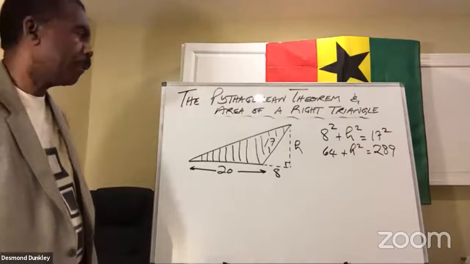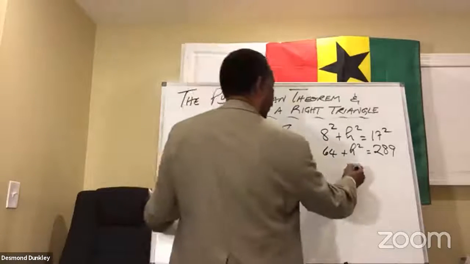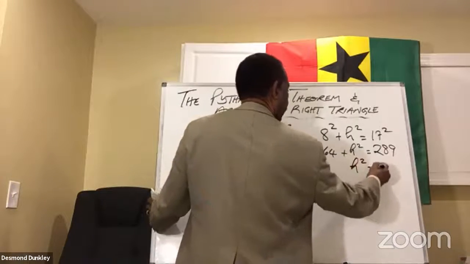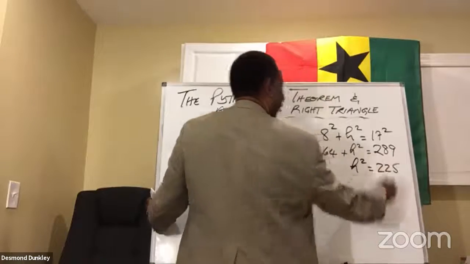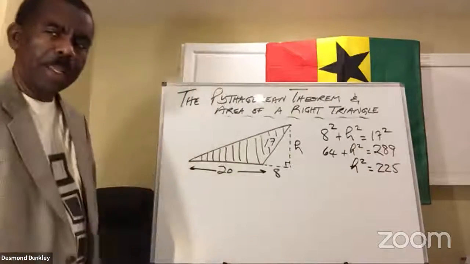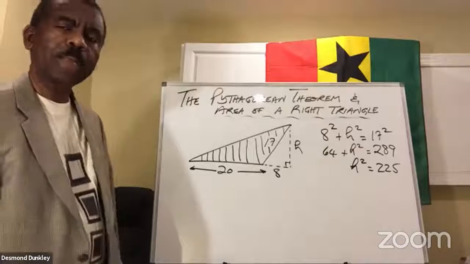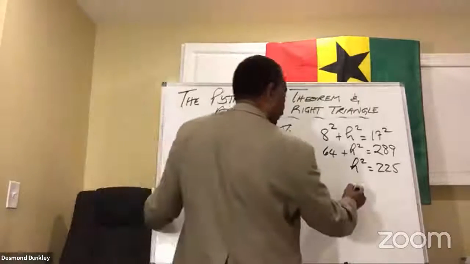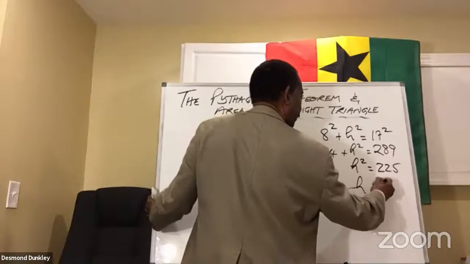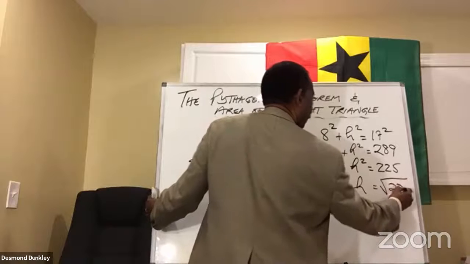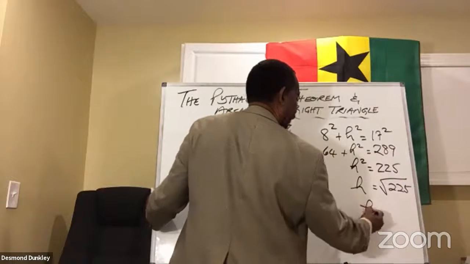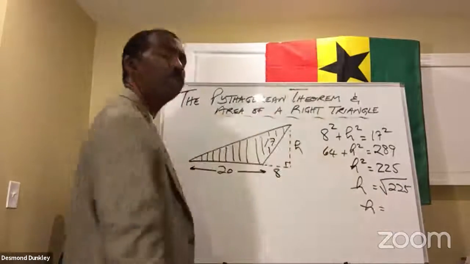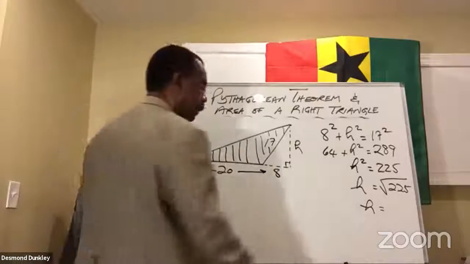Subtract 64 from 289, we end up with h squared equal to 225. And if h squared is 225, then h has to be the square root of 225. And it so happened that the square root of 225 is 15.